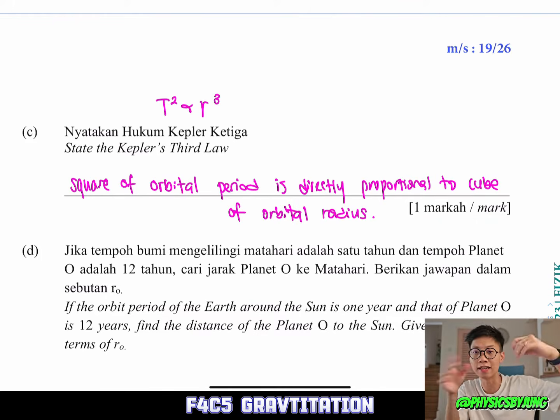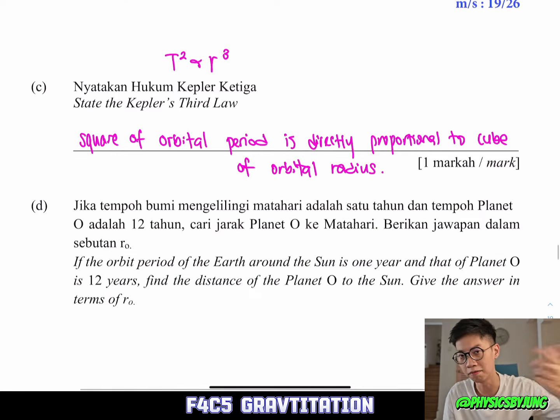Basically, you just add the word orbital in front. So that's the orbital radius cubed and the orbital period squared. That's one mark, very simple. Since Kepler's law is now a recent trend, I highly recommend you memorize your first, second, and third Kepler's laws. Make sure you do it.